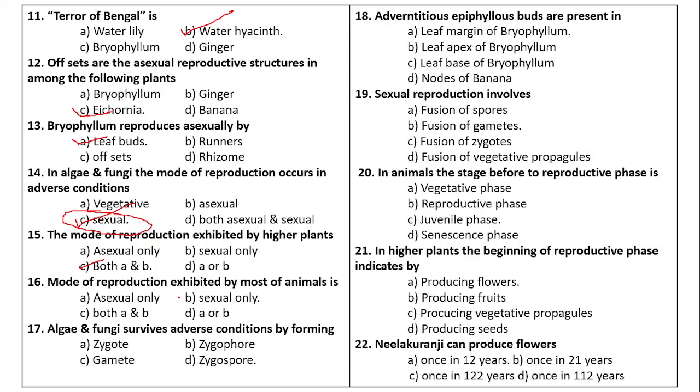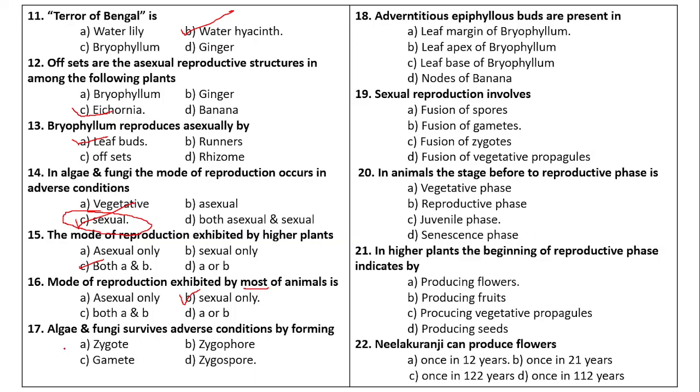But according to the question, they have asked about most of the animals, so ultimately the answer will be sexual type only. That is, in animals, sexual reproduction is predominant. Only in a few animals is it asexual.